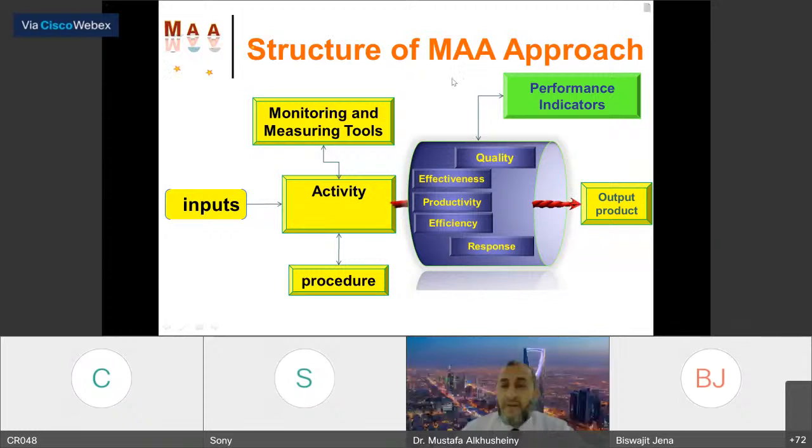My approach uses 8 types of performance indicators: efficiency, effectiveness, productivity, response, echo, the effect of the service or products, and quality.